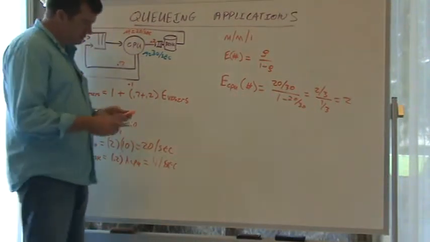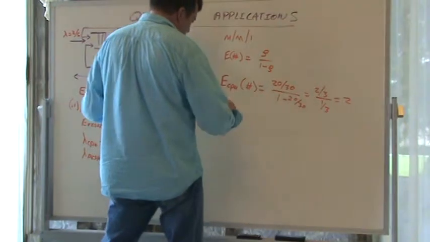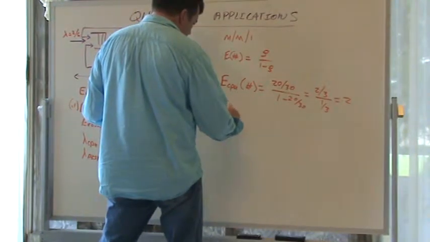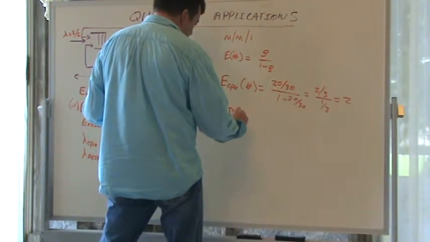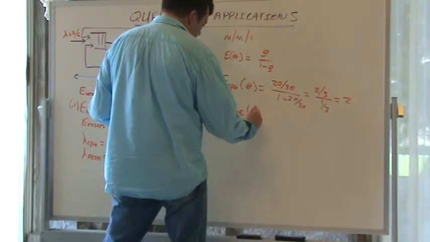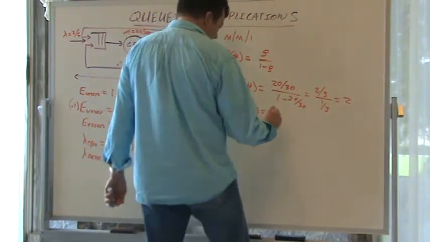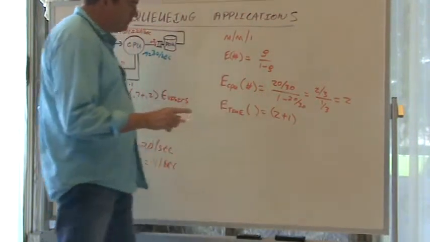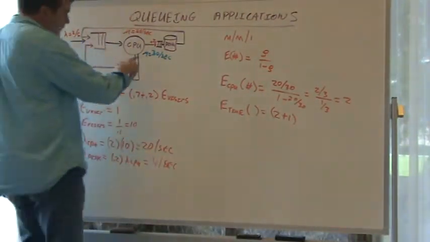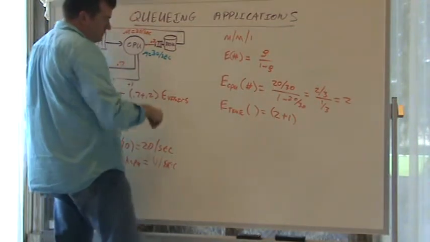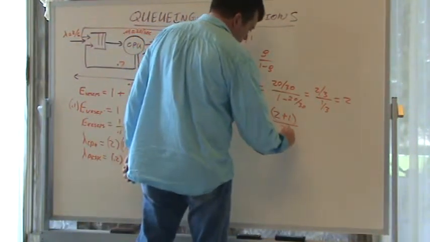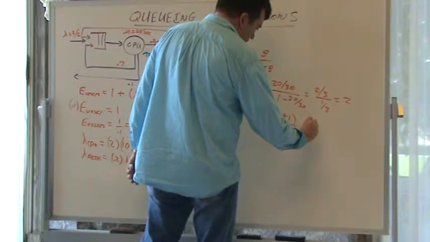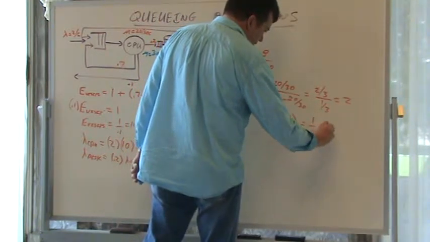So the expected time would be 2 customers in front of us plus us, 3 customers, at a rate of 30 per second. So that would be 1/10 of a second.